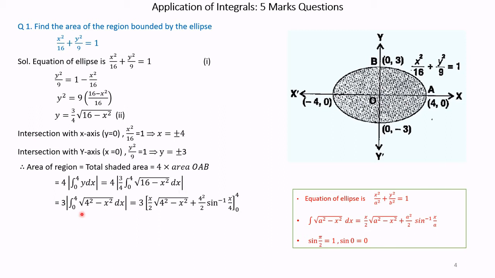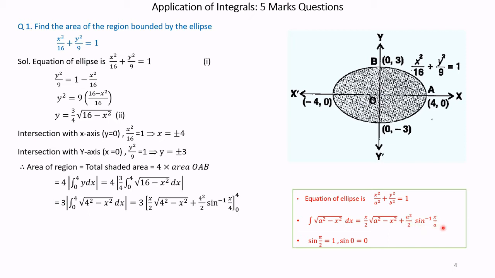Therefore, 3 into mod of integral 0 to 4, 16 is 4 square minus x square into dx. This is the standard form of integration, a square minus x square dx. Recalling our previous integration standard, integral square root of a square minus x square dx is given by x by 2 into square root of a square minus x square plus a square by 2 into sine inverse of x by a.